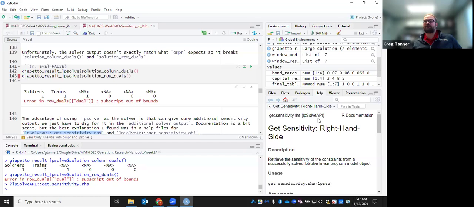The original lpsolve library is written in C. So this is the interface at the level of ompr, ROI, lpsolve API, and then lpsolve C code is down beneath that.